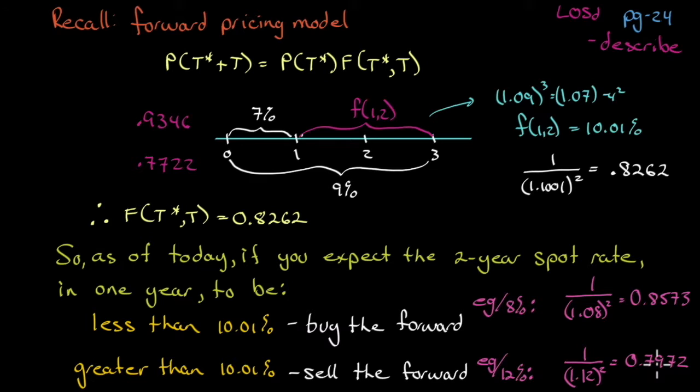Those other things will change the current price of zeros, which will change the shape of the spot curve, which implies the forward curve. If the market gets it wrong, and if the future doesn't look like what we thought the forward curve was today, I don't like all of these abstract terms, but you get what I'm saying, then there's a trading opportunity.